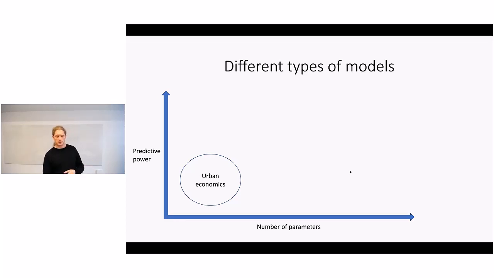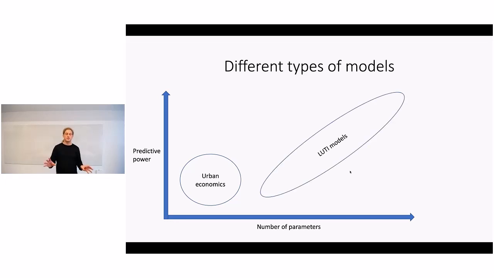So people have tried to solve this by developing LUTI models. And LUTI models have a better predictive power, but that results from adding more parameters.